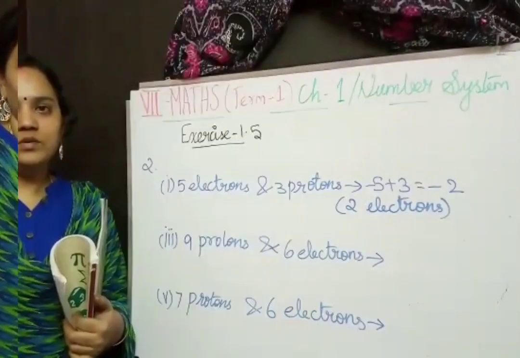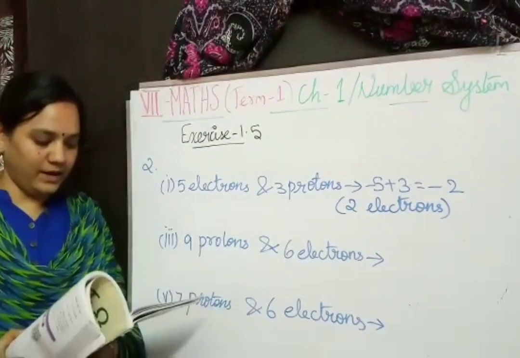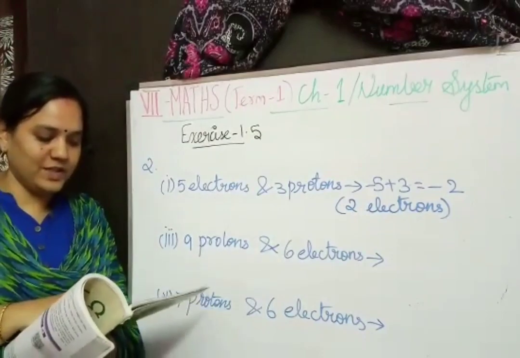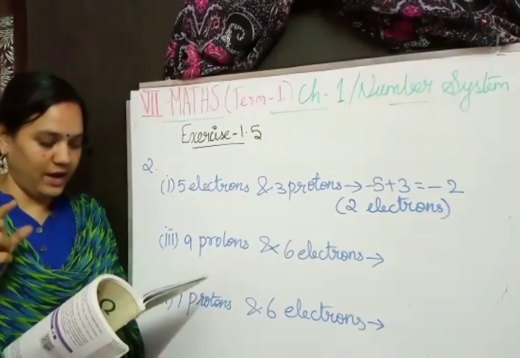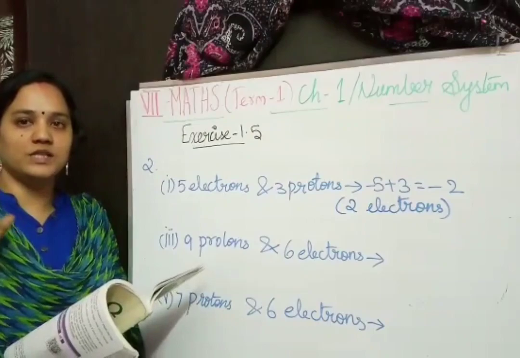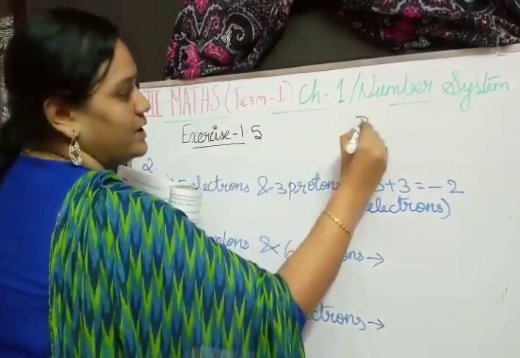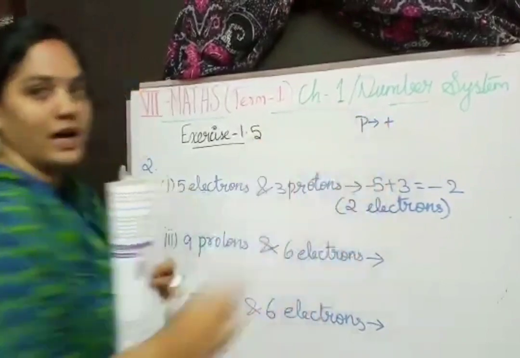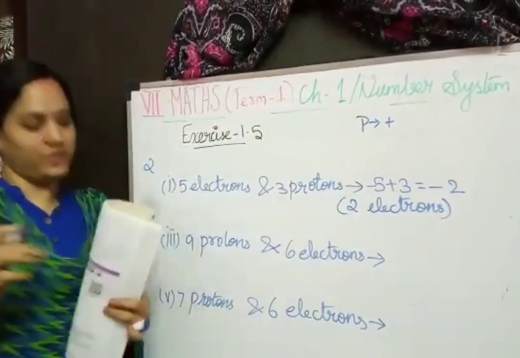Okay. Now the second problem: an atom can contain protons, which have a positive charge. So protons we denote by positive charges. So keep it in mind. Proton means positive charges. Okay, next, electrons, which have a negative charge.